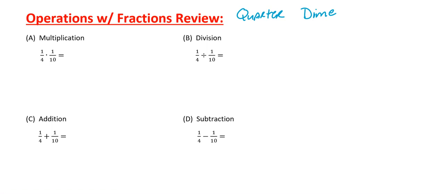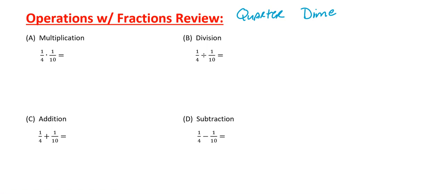Maybe you can think of what your answer would be. To me, sometimes when you think of money, it makes more sense why we need common denominators when it comes to fractions. But we start with multiplication and division, because those are the two easier operations.